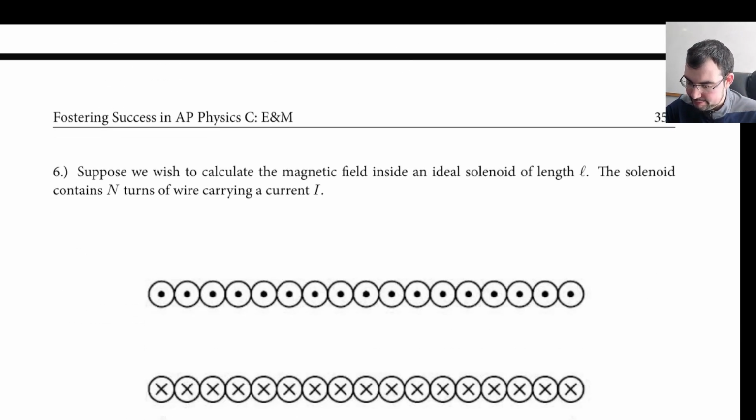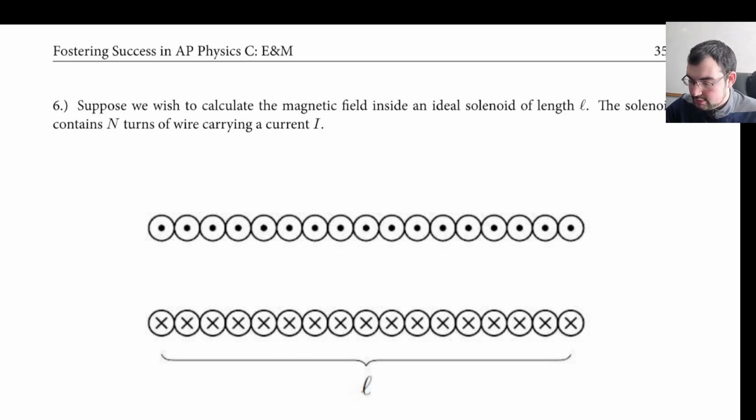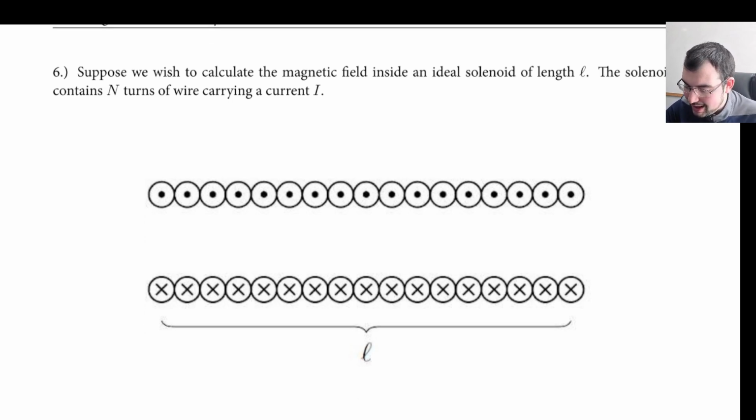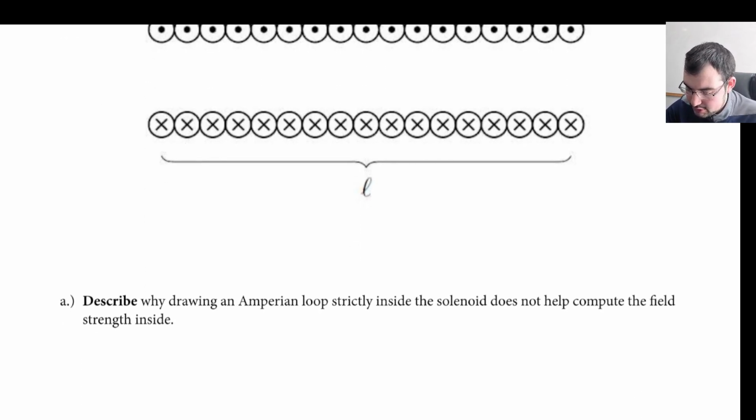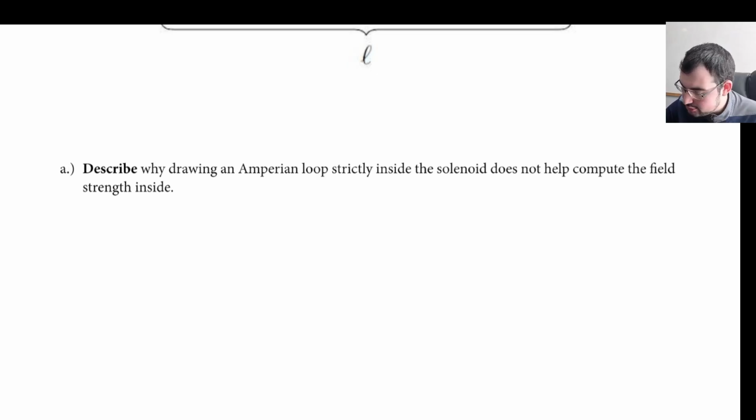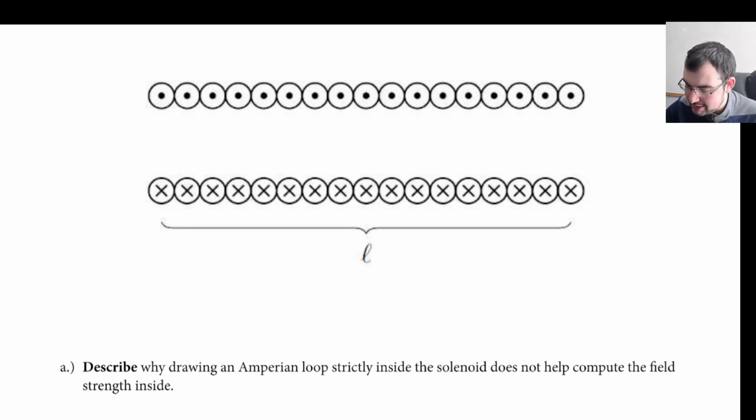So let's do it. We're going to calculate the magnetic field inside a solenoid of length L. The solenoid contains capital N turns of wire carrying a current I. So first of all, why does drawing an Amperian loop strictly inside the solenoid not help us?